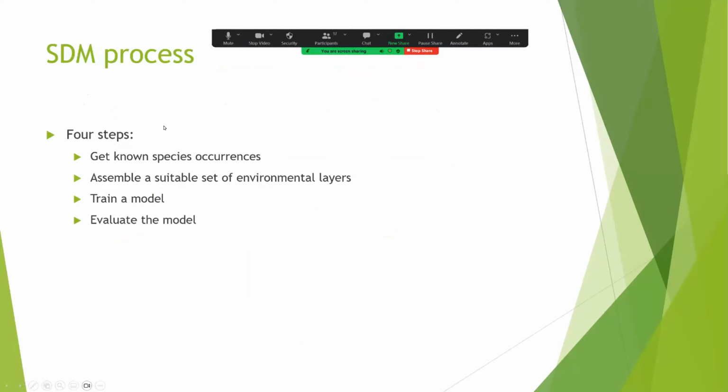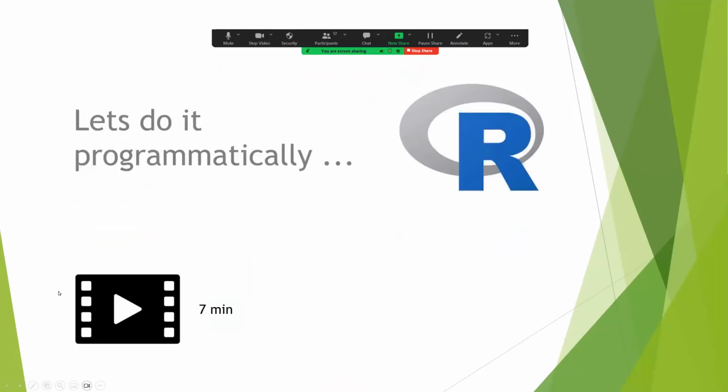And so the steps are getting the known species occurrence, assemble a suitable set of environmental layers, train the model, and then evaluate it. We saw last week one possibility is you split the available presences into 2 sets at least, and withhold some of them from training the model and use those to actually evaluate the model, see if it's any good.